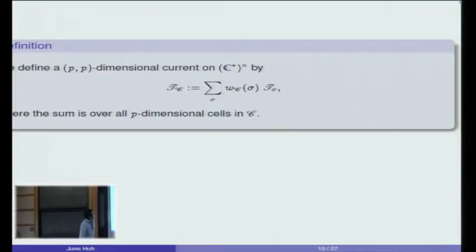And whenever I have such a weighted complex, I can define a p,p dimensional current T_C. So this is the T_C you have seen before. It's defined as the sum over all the maximal cells of the weight I have assigned, which is a complex number, multiplied by the current that I've constructed before, T sigma, associated to any rational polyhedron.